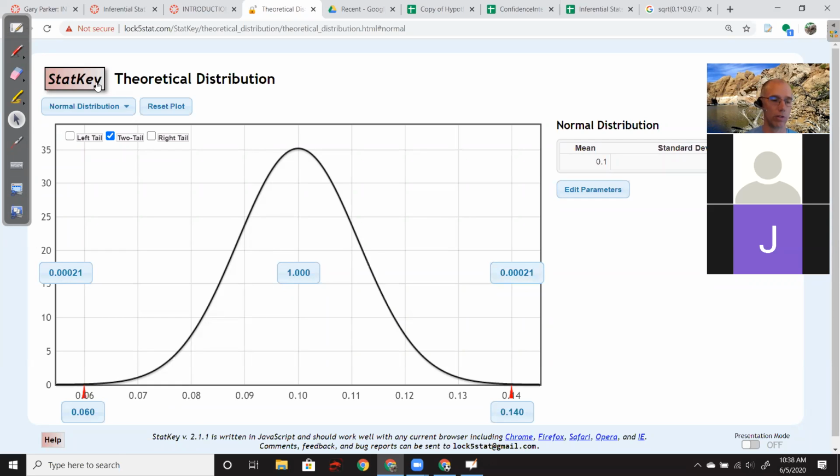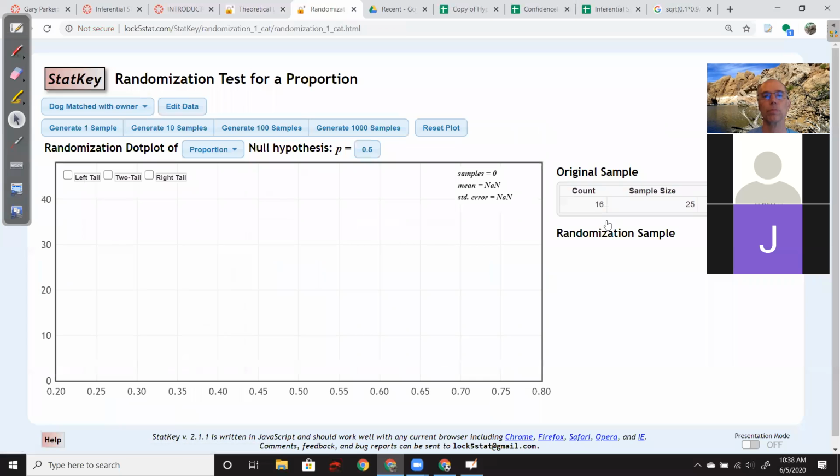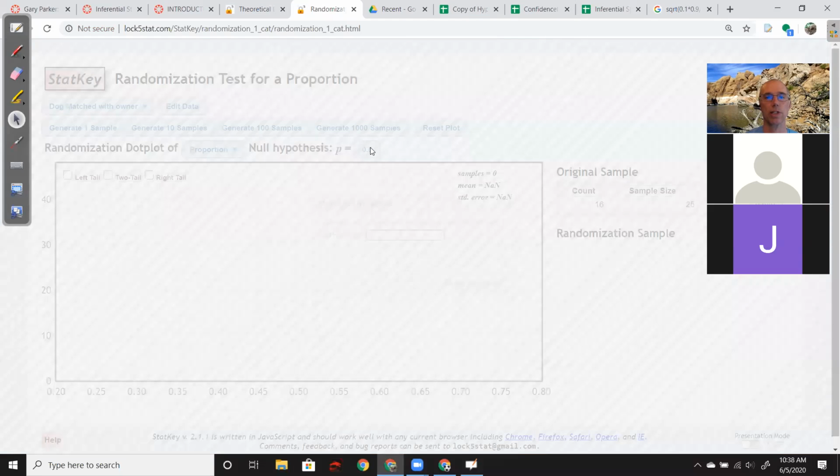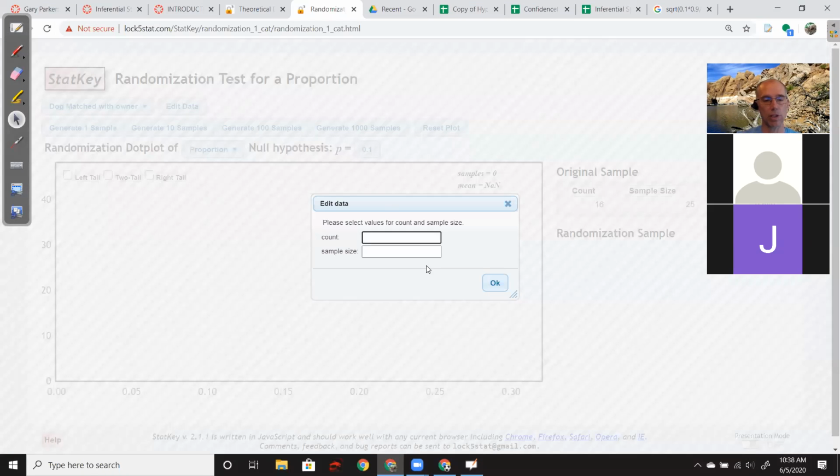The other way to do this in StatKey for a proportion, and if this is too many options, then just block your ears, is the randomization test for a single proportion. In this case, I have to set the null hypothesis, and then I have to set the sample data, and that was a count of 42 out of 700.